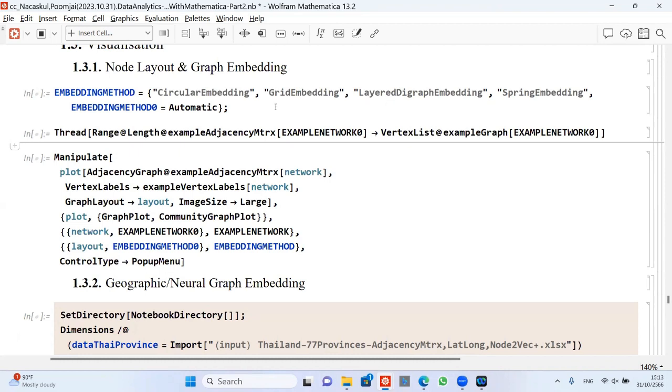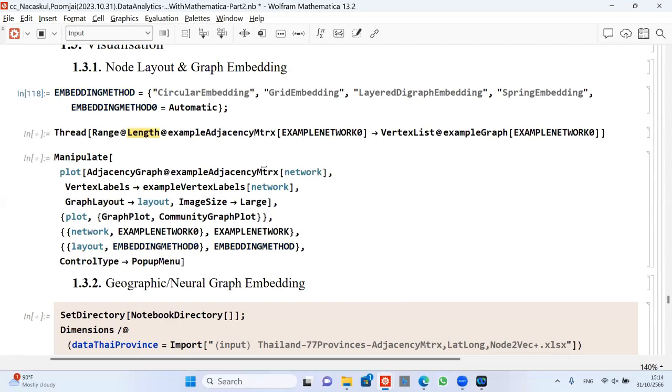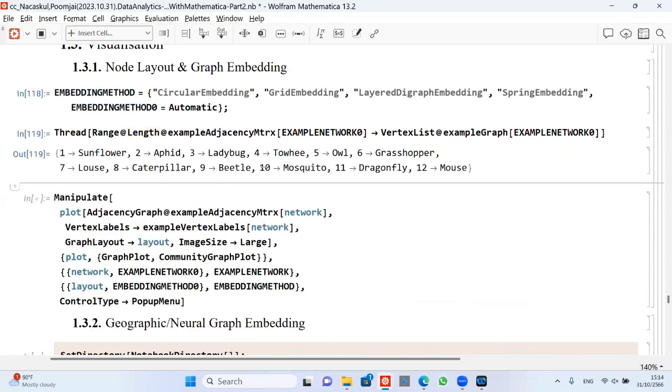So let's try this. There are many ways of embedding, and these are in the Mathematica option list. There are maybe 20 different ways. I'm just going to pick 4. And I'm going to use automatic as a default in this case. This one I don't need.